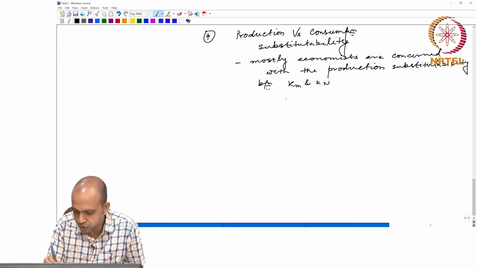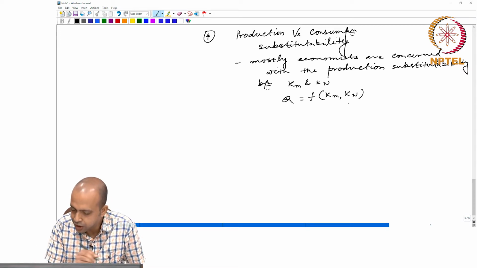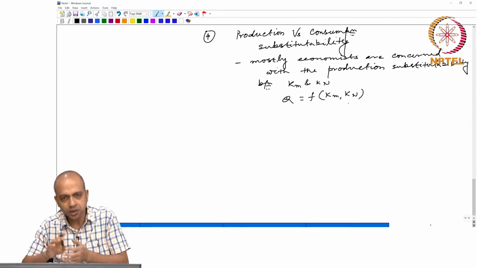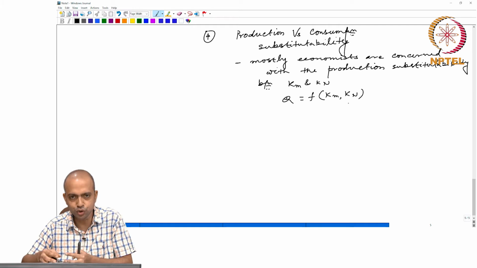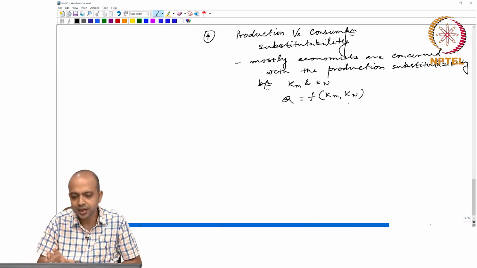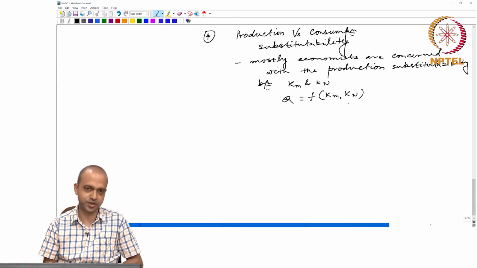So, that means we assume that output is basically a function of man-made capital and natural capital. So, we try to think how far man-made capital is substitutable for Kn in the process of production.